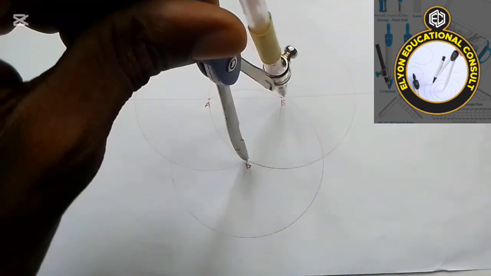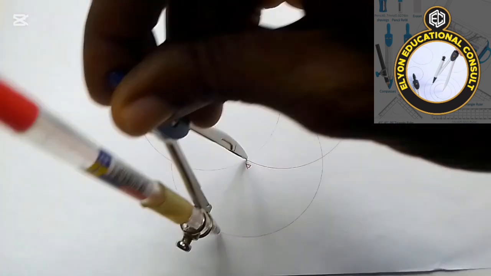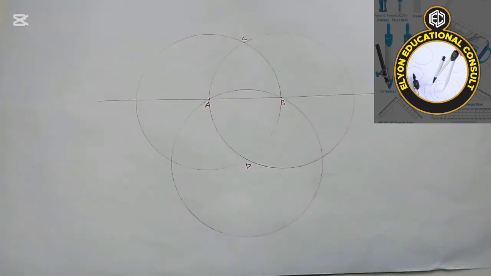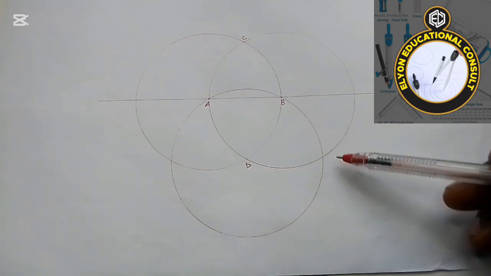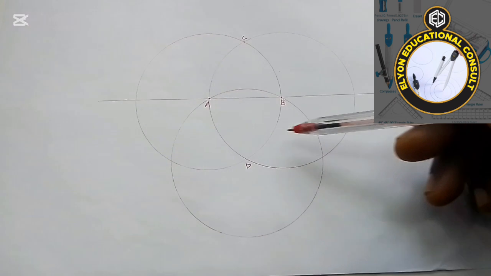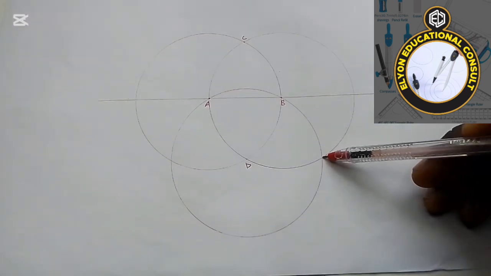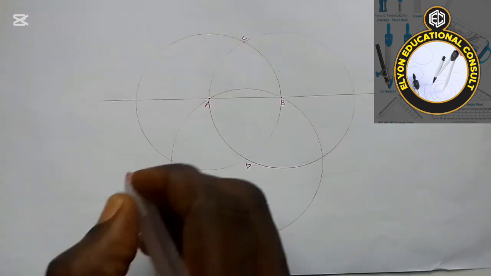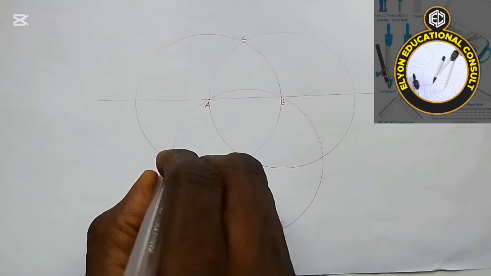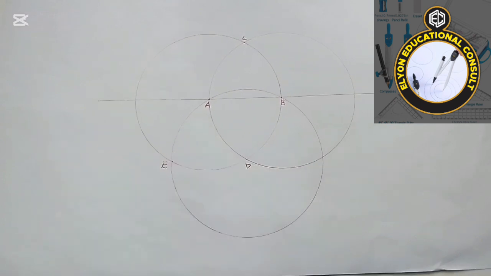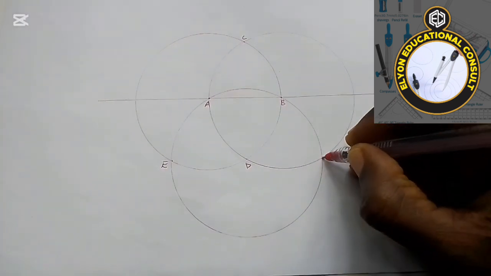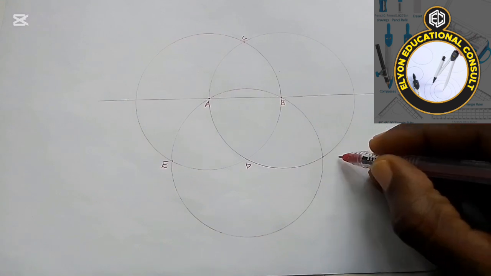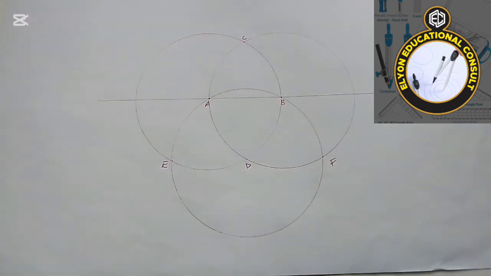I will take note where the third circle intersects the 2 previous circles. So it's at this point and at this point. If I call this point of intersection E, I'll call this other point F. I hope you can see that.